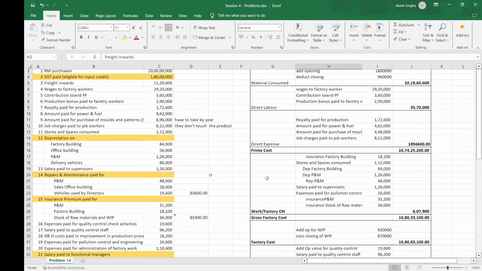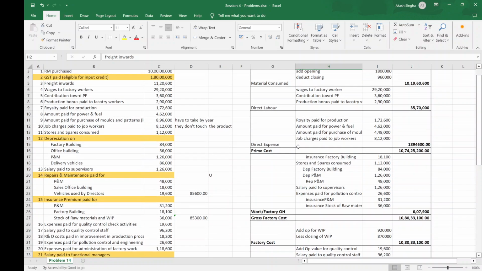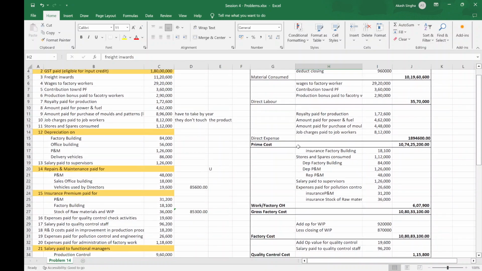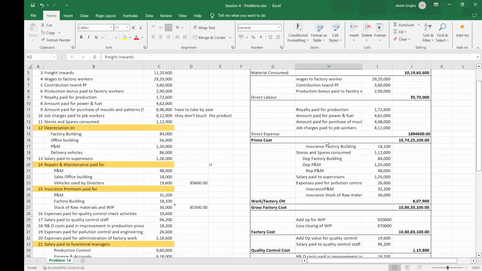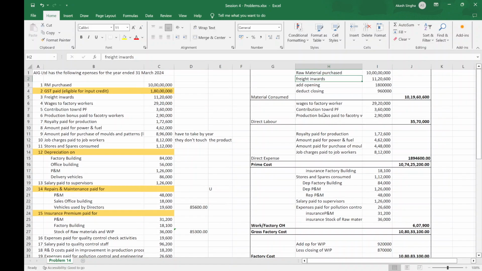But electricity is indirect, right? I have no idea why then power and fuel is here, because we cannot directly assign it to a single unit. It should be indirect, but it is what it is.